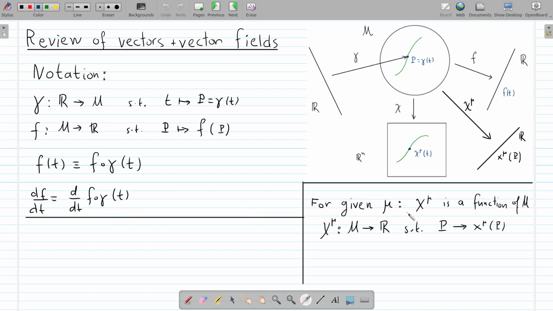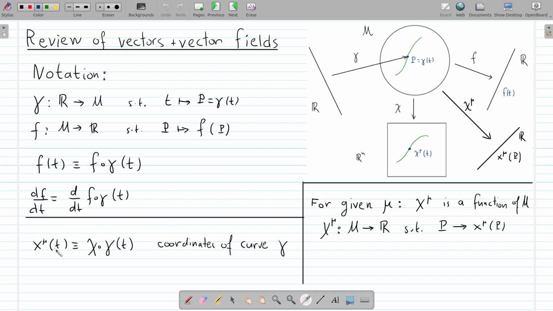A special function is the one that takes a point P to a specific coordinate x mu. So let's say that we have a chart chi so that P has coordinates x mu, and chi mu takes the point P to the given coordinate x mu at the point P. Also, when we write x mu of t, we will denote the image of the curve gamma on M to a curve here on R^n.